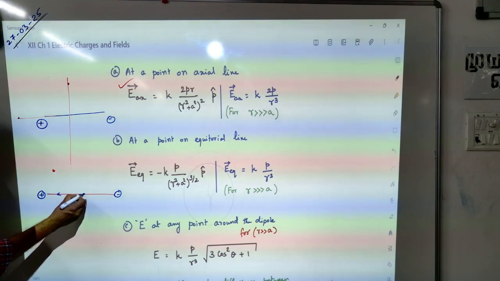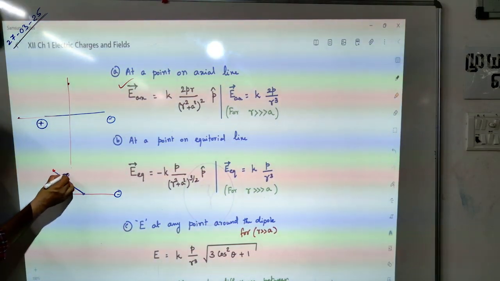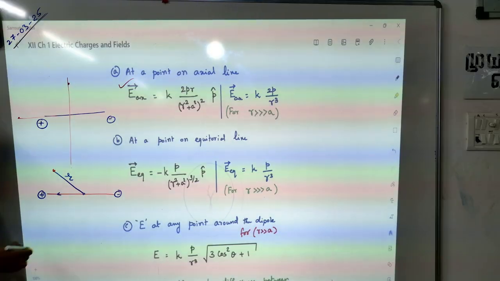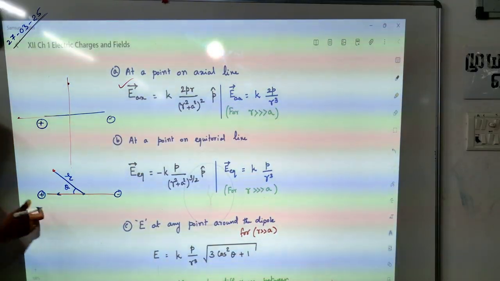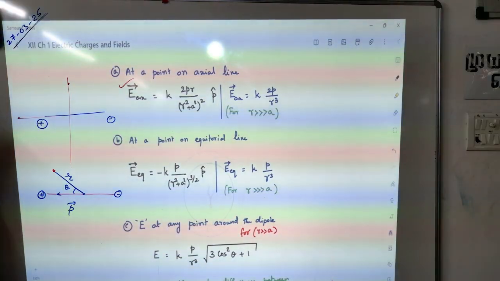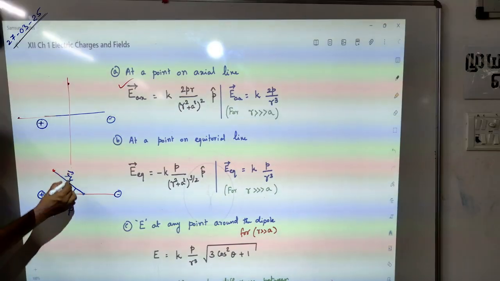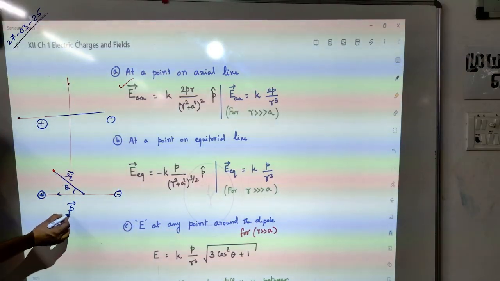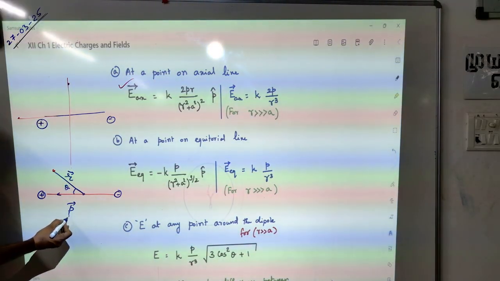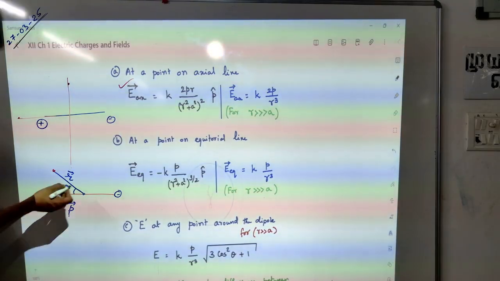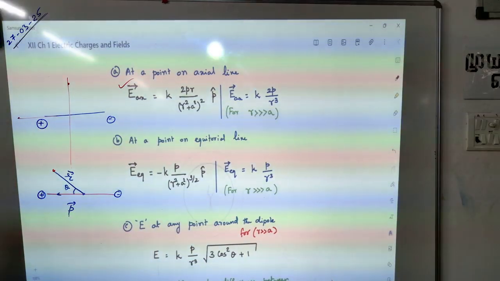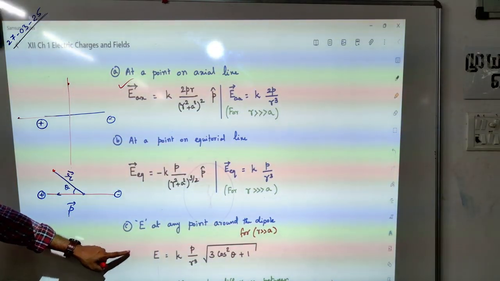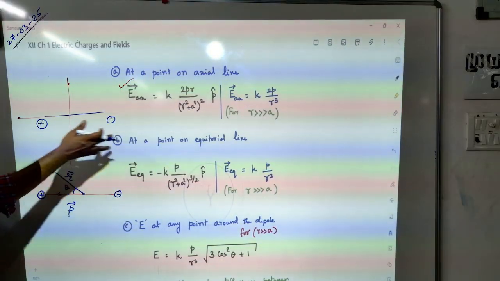From the center of the dipole, I travel r distance, deviating theta angle from the direction of the dipole moment. So the position vector has an angle of theta with respect to the p vector. Under this condition, the third equation is used, at any point around the dipole.